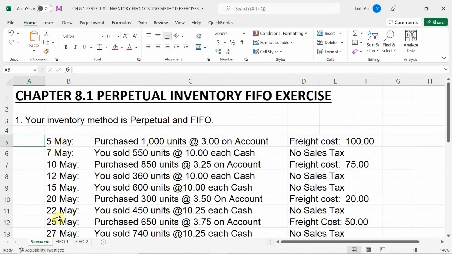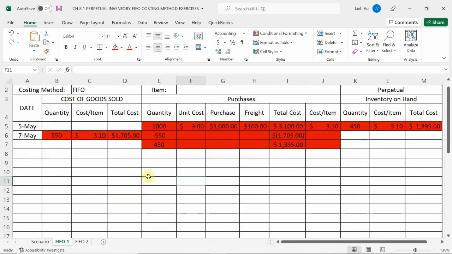Next we have May 10. We purchased 850 units at $3.25 each with a freight of 75. So 850, 325, and 75. May 10, we skipped our cost of goods sold because we didn't sell anything.